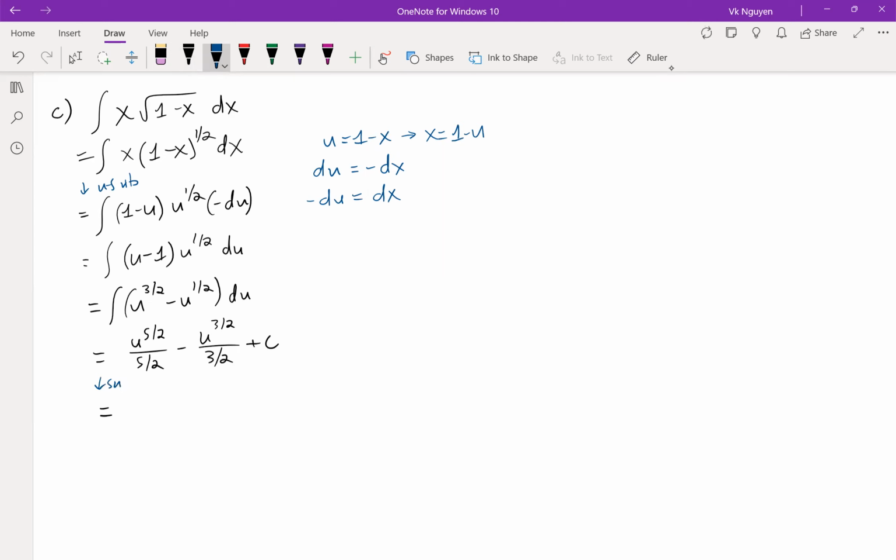Now do the substitution for u and we have 2 over 5 times (1 minus x) to the 5 over 2 minus 2 over 3 times (1 minus x) to the power 3 over 2 plus c. Pretty nice.